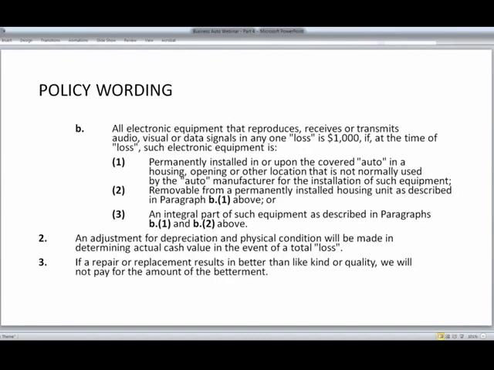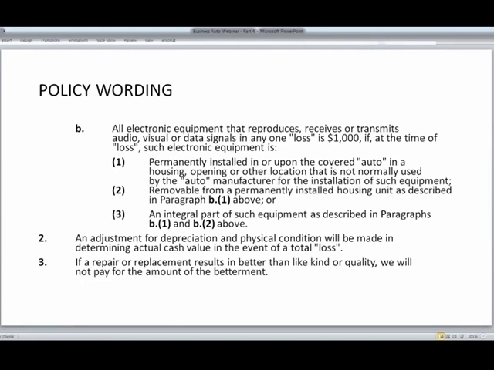It goes on to say, and again, all electrical equipment that reproduces, receives, or transmits. That's the $1,000 limit that we put in here, and it talks about permanently installed. The equipment must be permanently installed in the covered auto, and the housing designed to be removable from a permanently installed housing unit as described above, or an integral part of such equipment as described above.